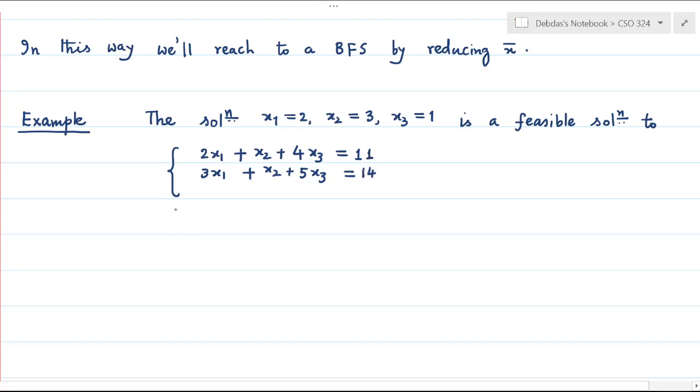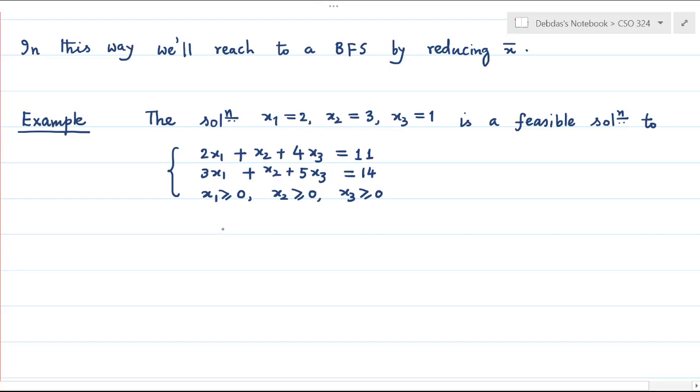Here it is 11, sorry. Together with x1 greater than or equal to 0, x2 greater than or equal to 0, x3 greater than or equal to 0. It is a feasible solution given to us.